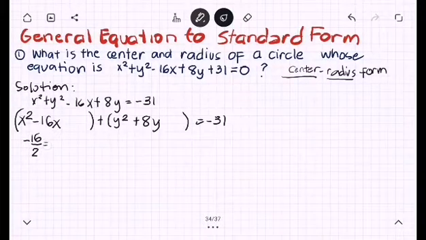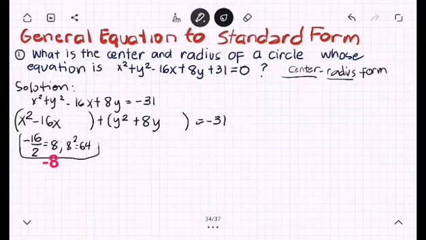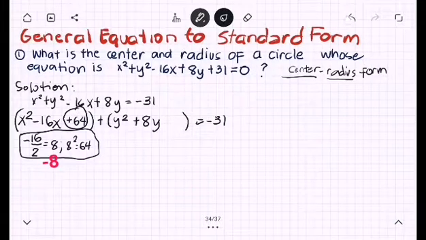So the answer here is 8. Then yung sagot, square natin. So the answer is 64. Okay. So yung 64, siya yung pangatlong term natin dito. So kung nag-add tayo dito ng 64, dito sa right side ng equation, mag-add din tayo ng 64.